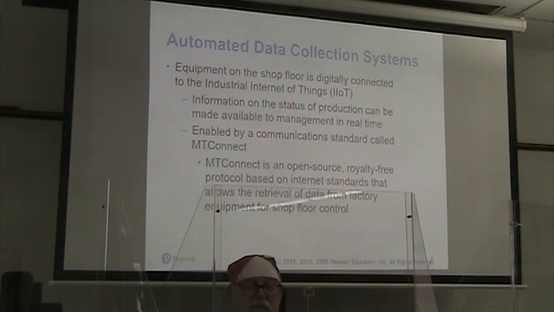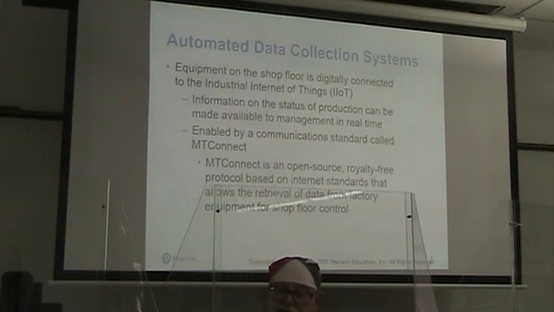This is enabled by a communication standard called MT Connect. So MT Connect is an open source, royalty-free protocol based on internet standards that allows the retrieval of data from factory equipment for shop floor control. Okay, good enough.